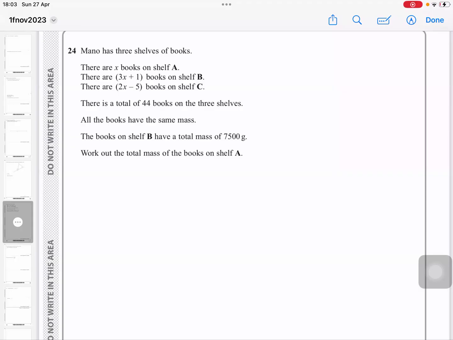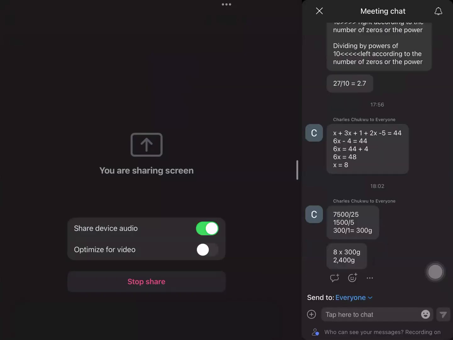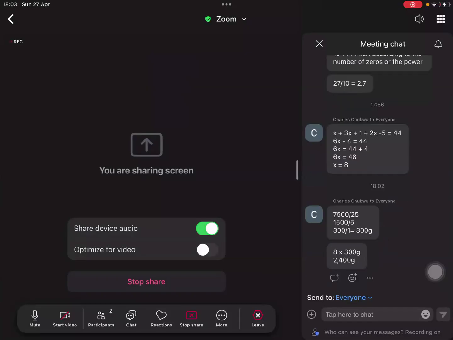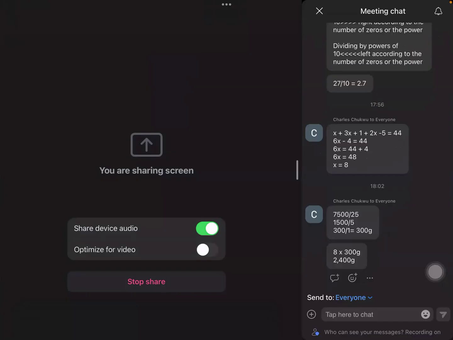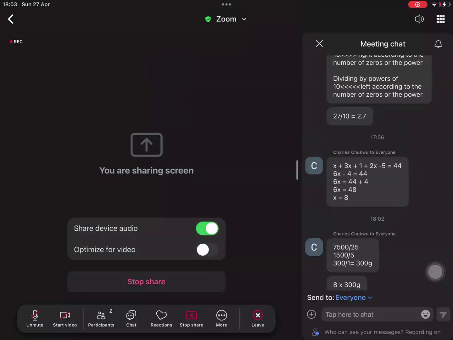So take a look at the chat box. I've shown my workings there. Compare it with what you have and see if it corroborates with what you have. Then you can take notes where you need. So that's the last 3 charts, not just the last one, the last 3 charts.